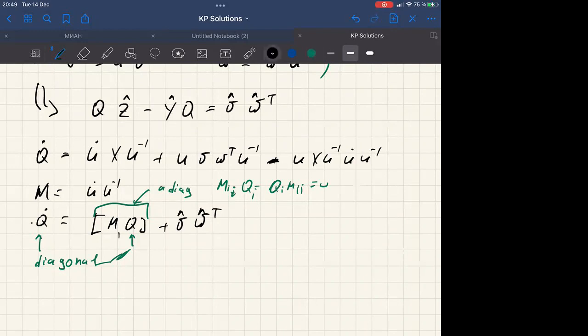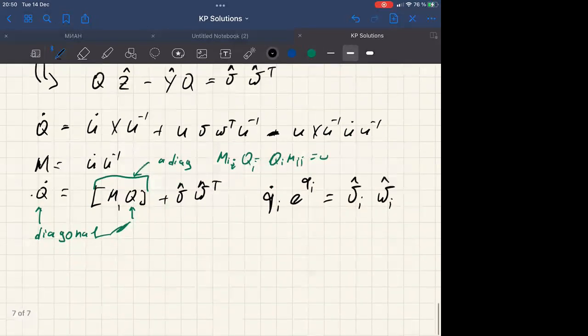The first equation is little q eta equals v eta w eta, from the diagonal part.